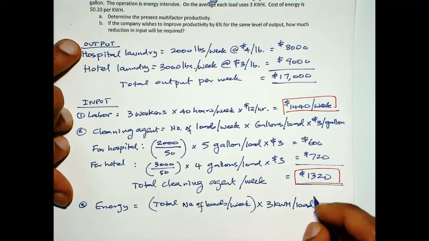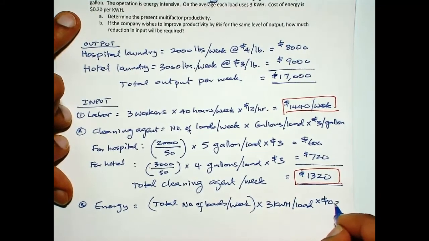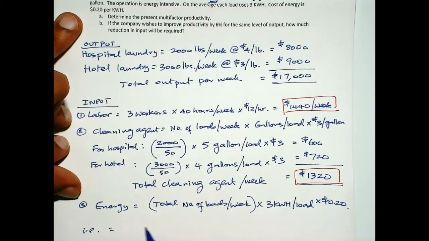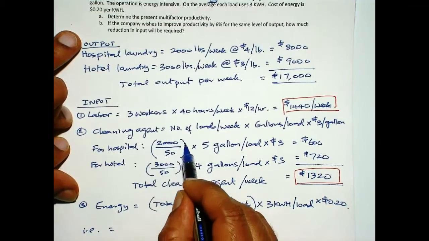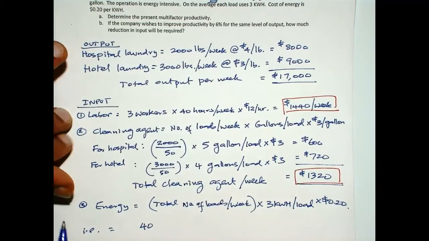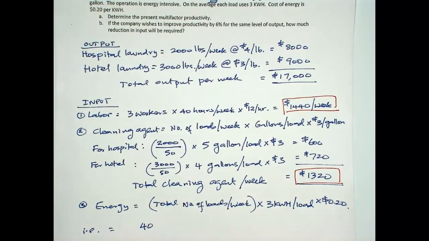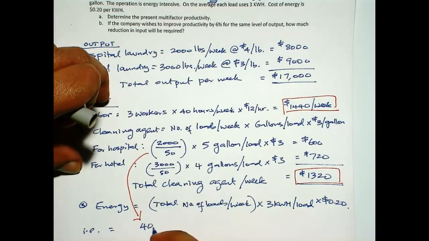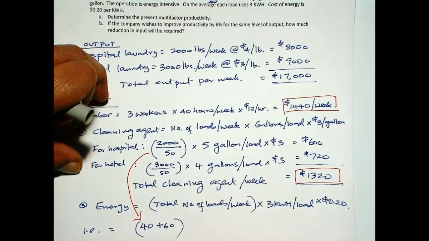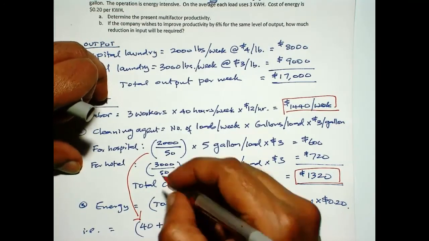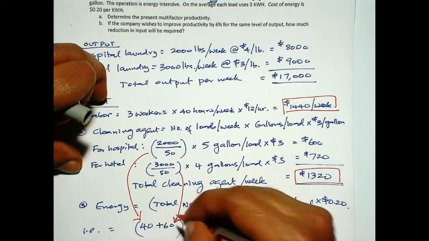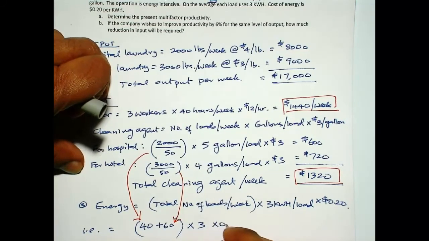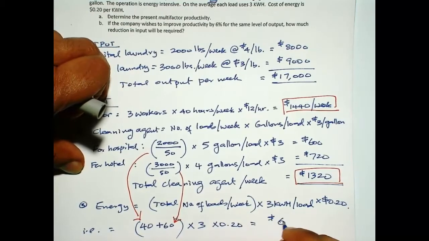So here is the number of loads for hospital, that is 40, and that 40 comes from here, plus 60, and the 60 comes from here, times 3 times 0.2 gives us $60 per week. So that's our third input.